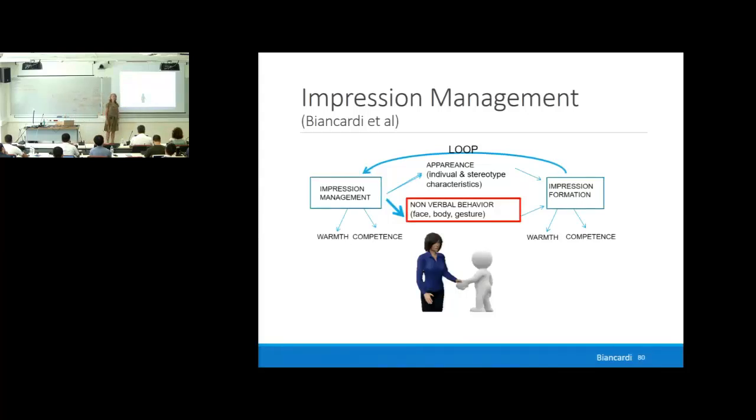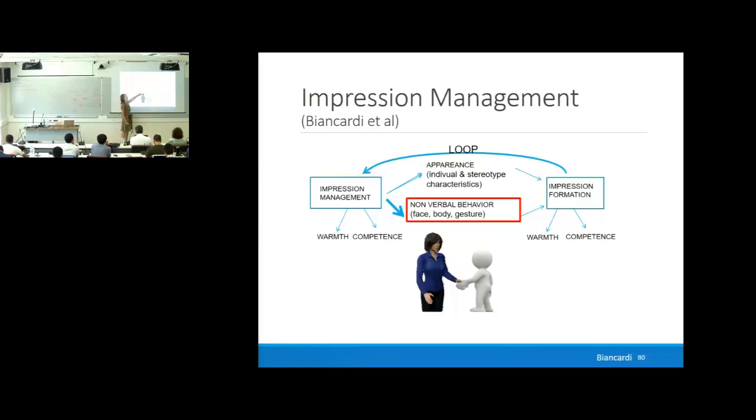In these studies, we were interested in developing an agent that manages the impression it gives to the users. Okay, so we know that impressions are formed extremely rapidly. As soon as you see a person you don't know, you form an impression of her. And it can come from the appearance, it can come from a lot of stereotypes, characteristics, age, gender, cultures, the clothes, makeup, and all that.